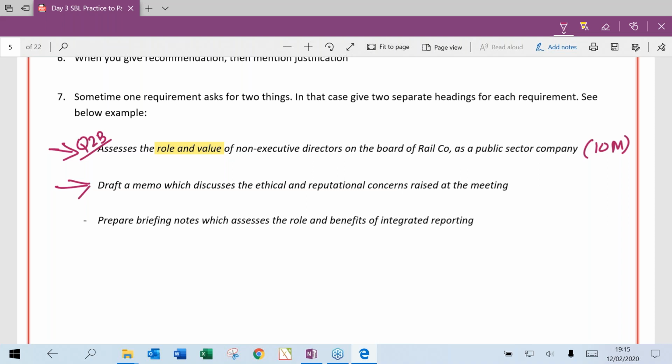That is called justification. Whatever option you are suggesting, you need to explain to the board why you are suggesting what you are suggesting, right?